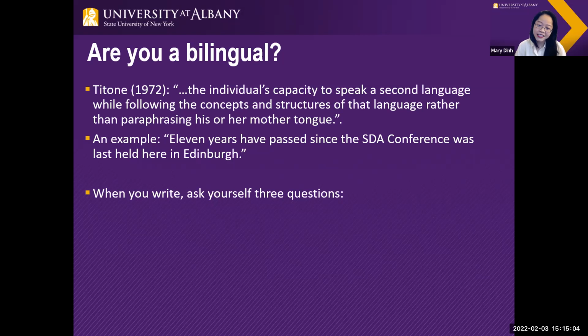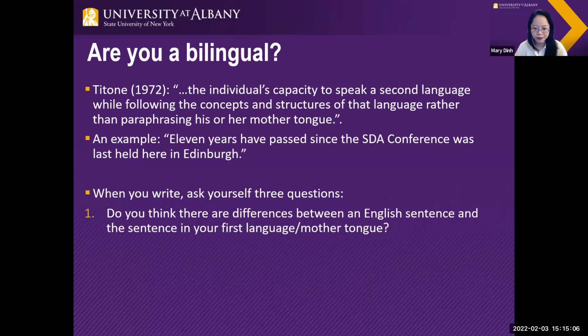But when you write, ask yourself these three questions. Do you think there are differences between the English sentence that we are looking at and the sentence that you write first in your mother tongue? So from Kayla's perspective, her first language is English, and Kayla will write it in Spanish and see if there are differences there as well.